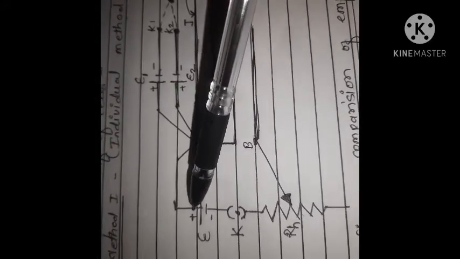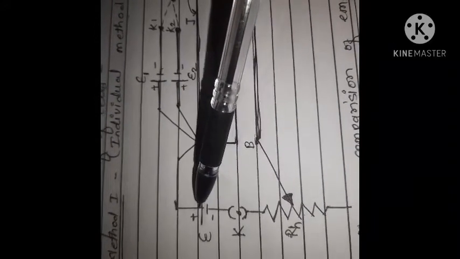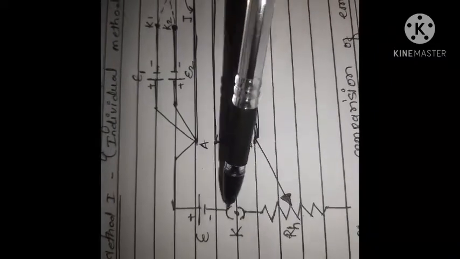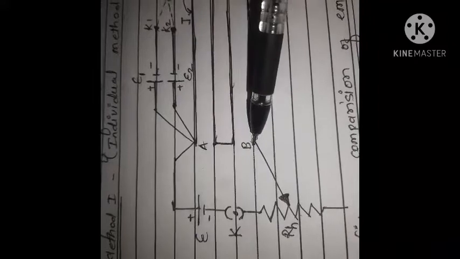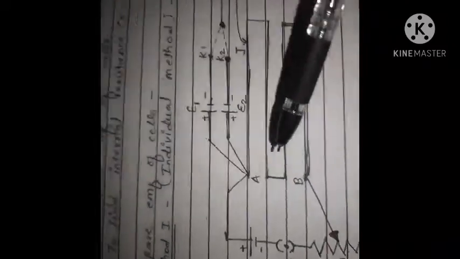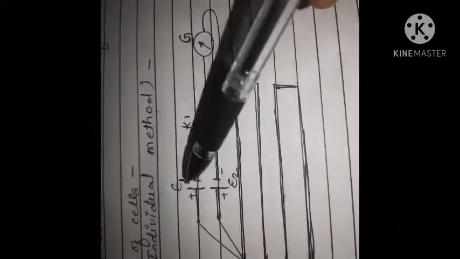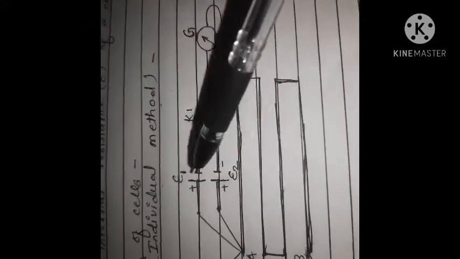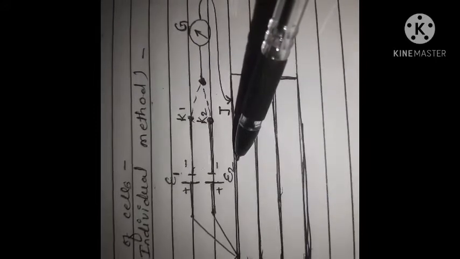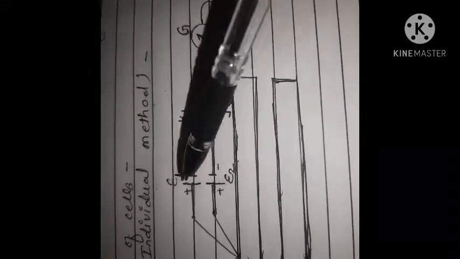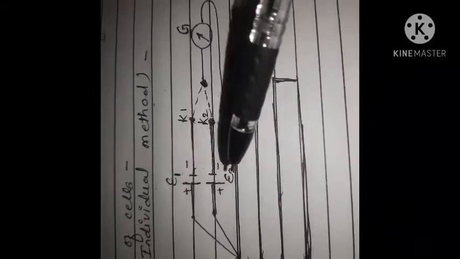This positive means it is of higher potential, and the negative terminal means it is at lower potential. And the two cells of EMF E1 and E2, which we are going to compare.